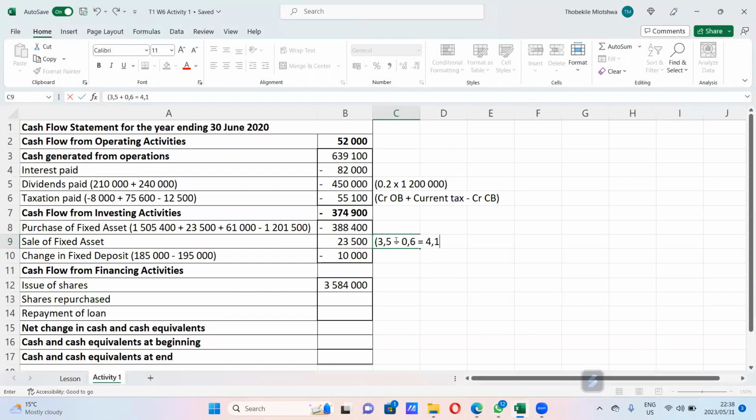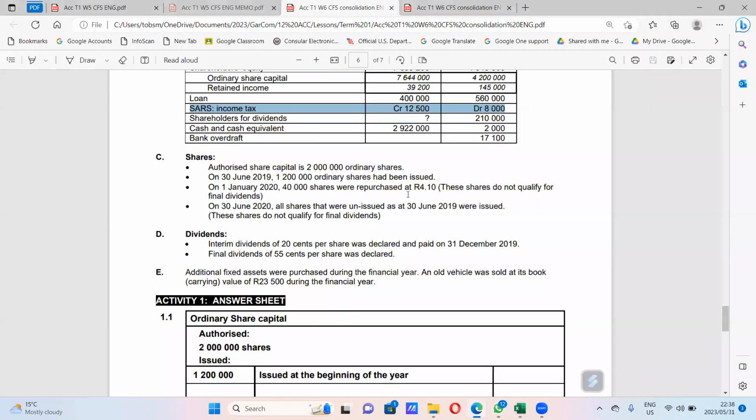I remember that it was 4.10. So this is what we need for the repurchase of shares, which we had to work backwards.